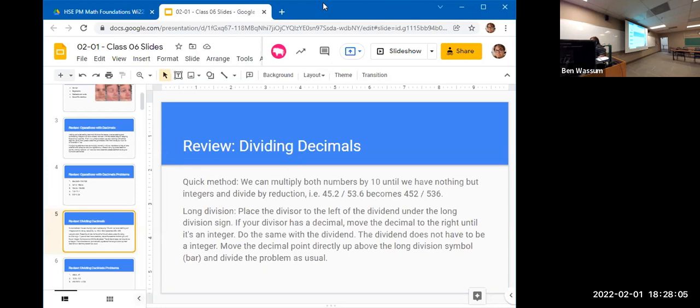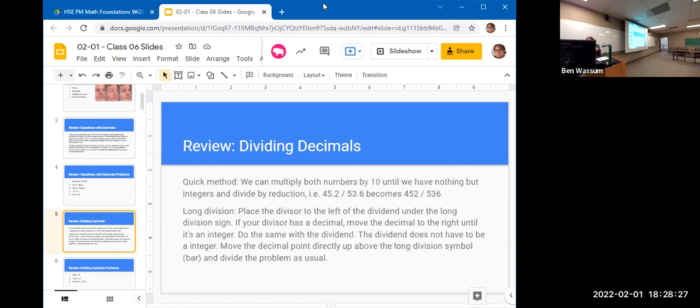So if I had 45.2 divided by 53.6, I can multiply both of those numbers by 10, and it kind of moves over the decimal place. So it would become 452 over 536. Because at that point, you're just multiplying it by a 10 over a 10, which is a funky looking one.